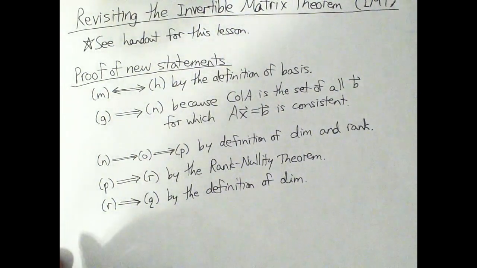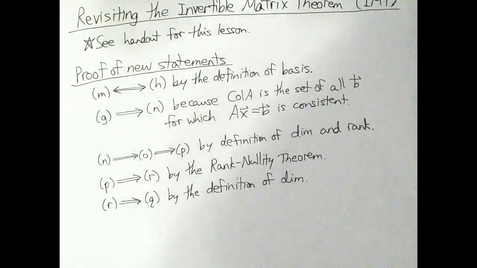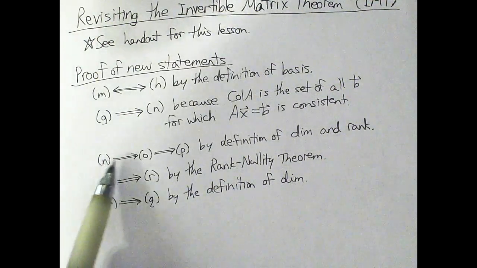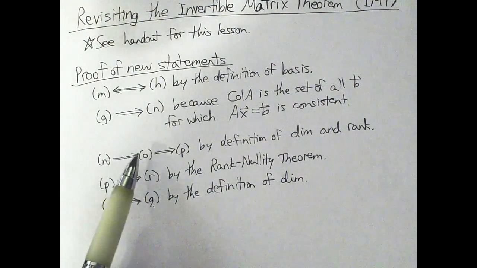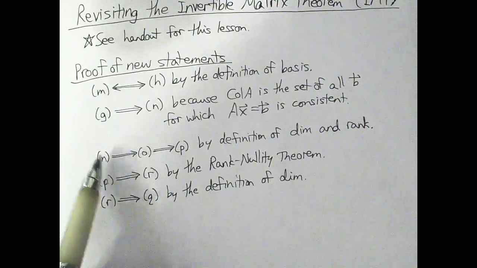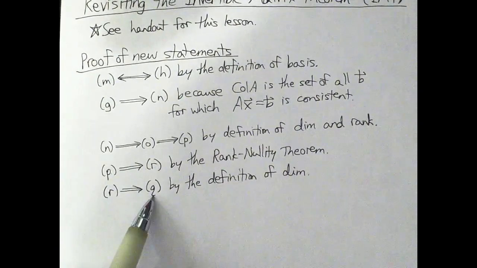We still have one more thing I need to do. One more thing, and then I'll show you how we've added all of these statements. Look at this last chain of arrows we've made. N implies O, implies P, P implies R, R implies Q. So we've gone from N to Q.